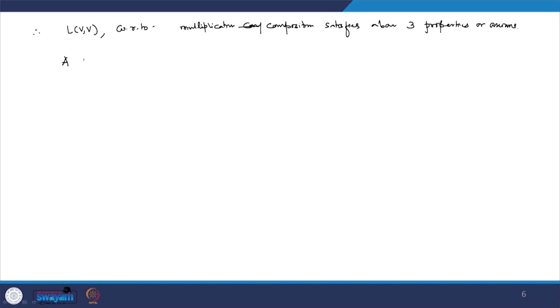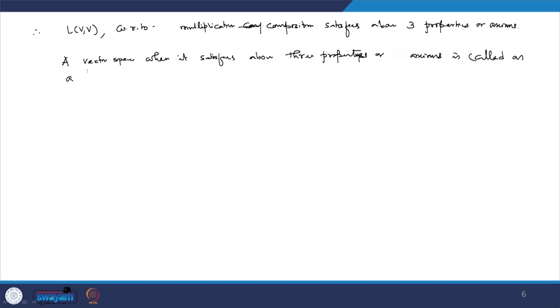A vector space which satisfies the above three properties or axioms is called a linear algebra.